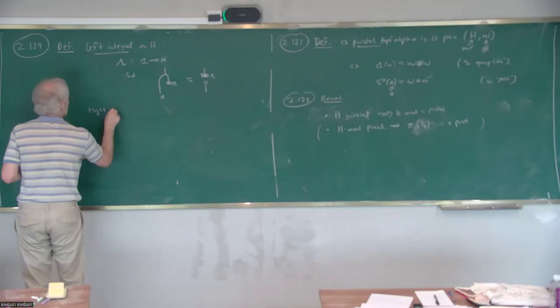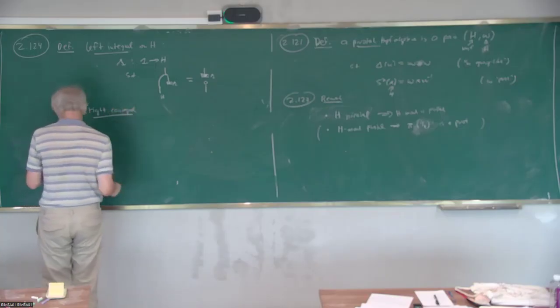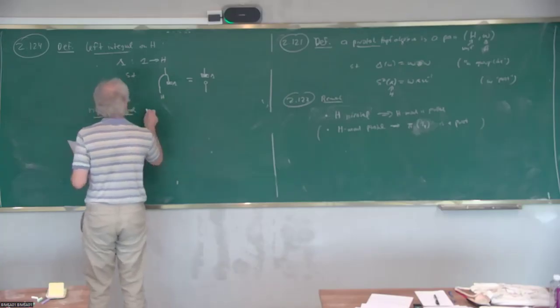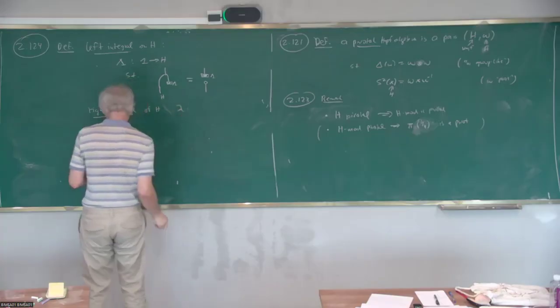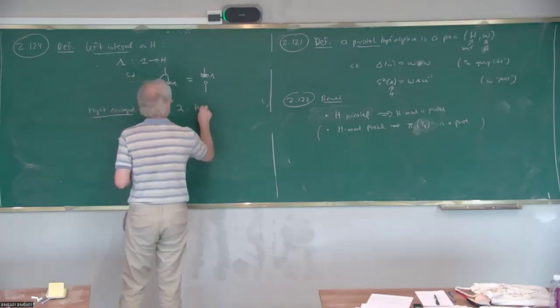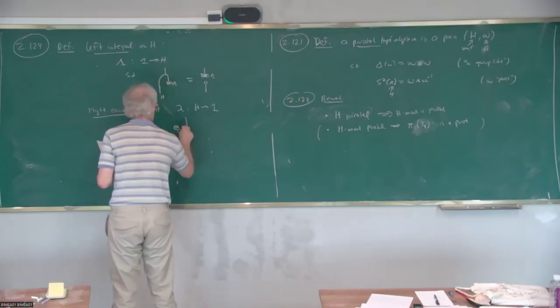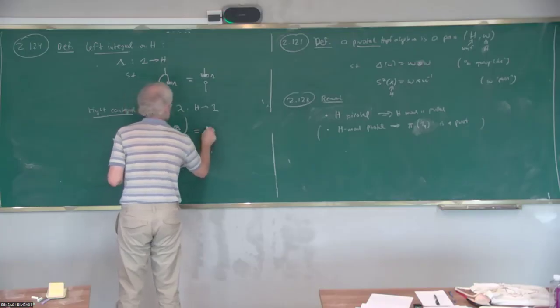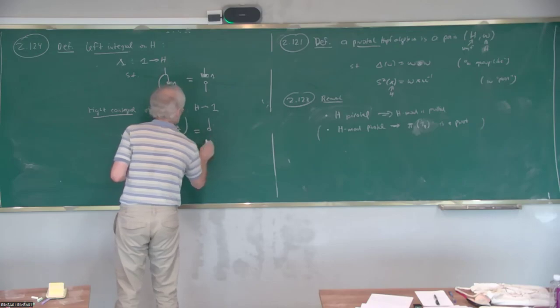And analogously, a right co-integral of H is a morphism lambda from H to 1, such that we have a similar thing with co-product instead of product and unit instead of co-unit.